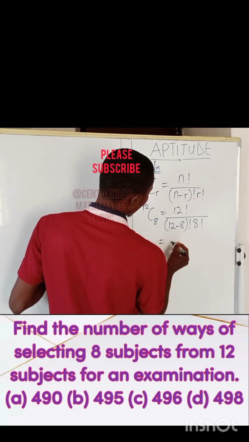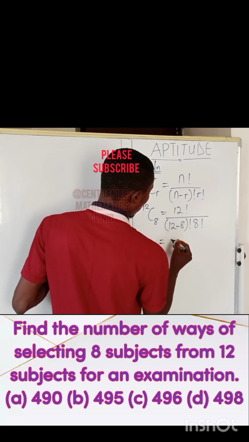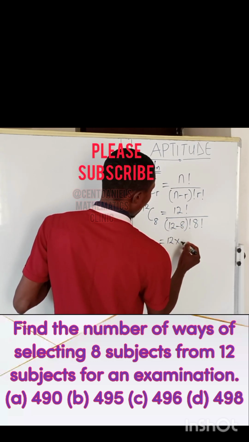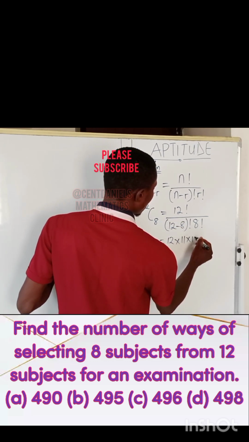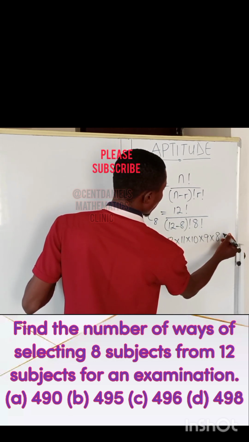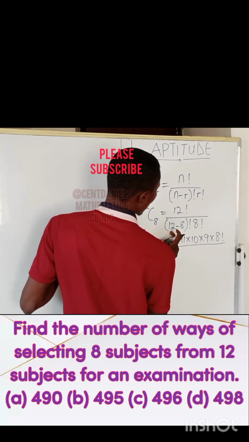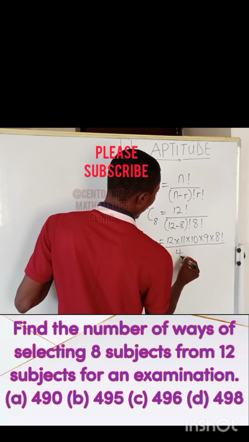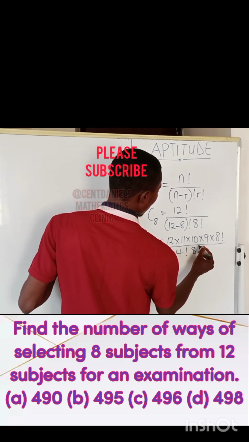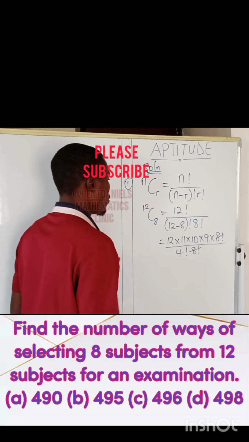Since we have 8 factorial here, let's expand this up to 8 factorial. So 12 factorial means 12 times 11 times 10 times 9 times 8 and so on, but we'll stop at 8 factorial here. All over 12 minus 8, which is 4 factorial, 8 factorial. So the 8 factorial can cancel out this 8 factorial.